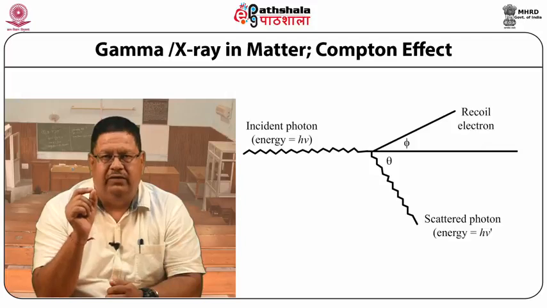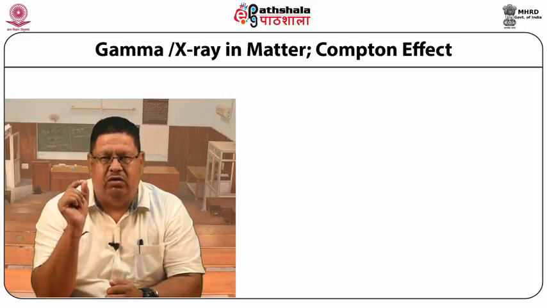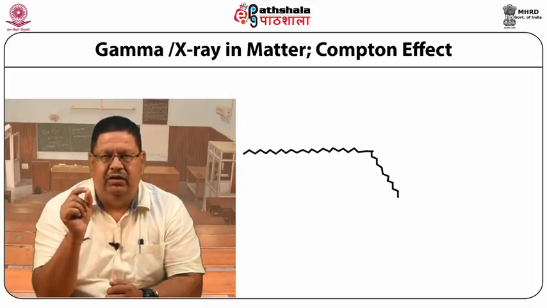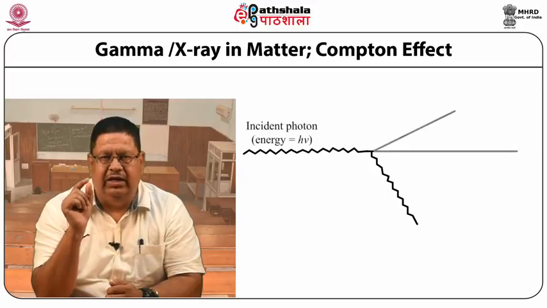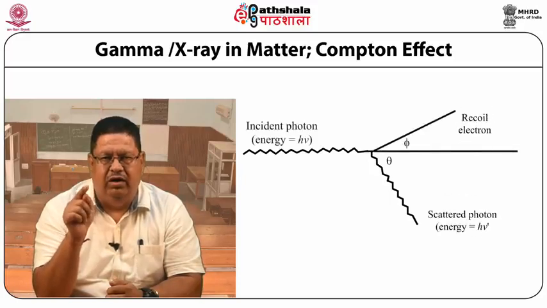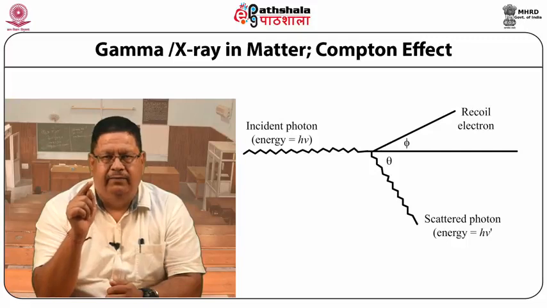In the Compton effect, the incoming photon, which is nothing but a wave, interacts with the free electron. Free electron means the outermost orbit electron of the atom. Then the photon gets scattered and the electron recoils.